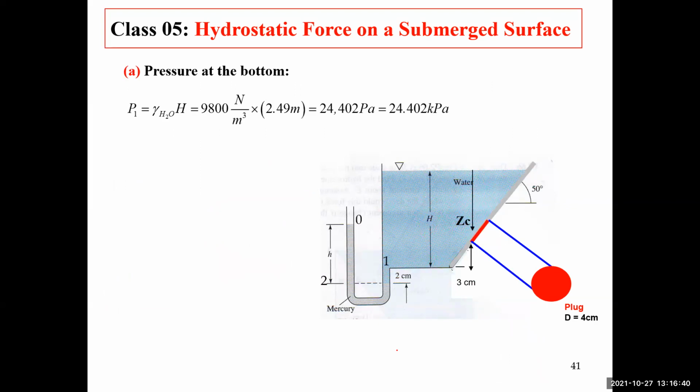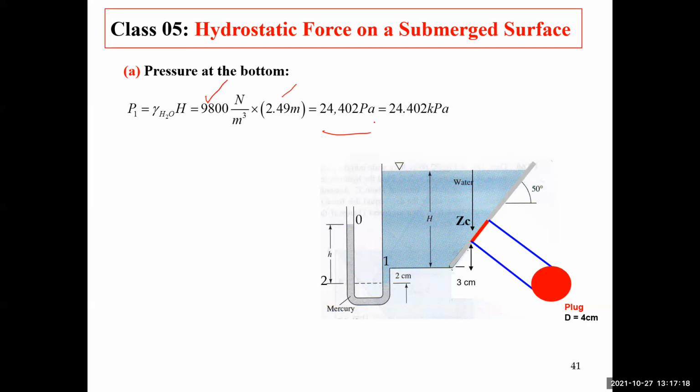So the pressure at this point is gamma times H. I know that the hydrostatic pressure at the bottom of the tank is not a function of direction. So the total pressure on the bottom of the tank is gamma times H. I have gamma of water is 9.8 kilonewtons per meter cubed, times the distance H, so it is equal to 24,402 pascals.